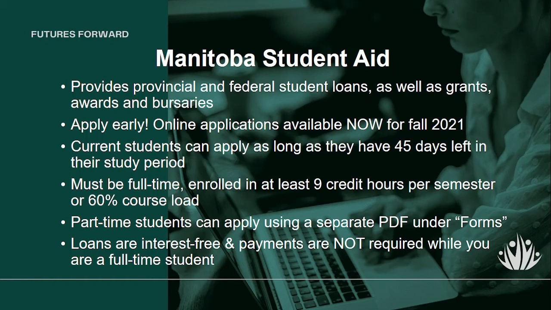But in university programs, you have to be in at least 3 courses per term, or at least a 60% course load. Part-time students are still able to apply for a Manitoba student loan. It is just a separate PDF form that you do have to fill out and hand in person, I believe.